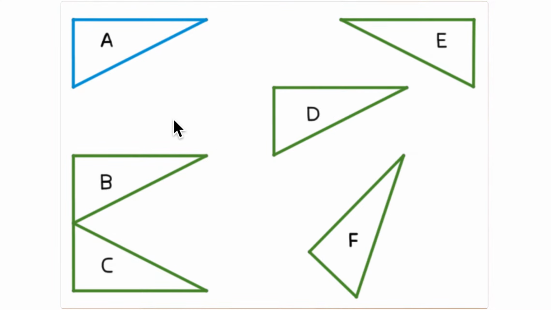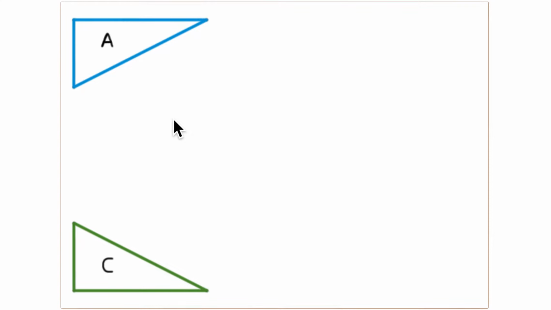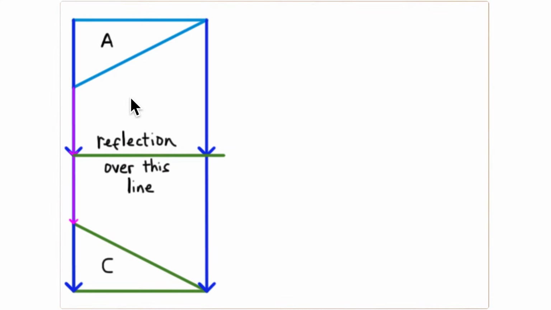How about A to C? For A to C, this is a reflection. The corresponding points are moving. This point here corresponds to this point here. The movement of that point is an equal distance from this line of reflection, which is the midpoint of this distance from this point in A to this point in C. Reflection is defined as moving in a perpendicular direction to the line of reflection.